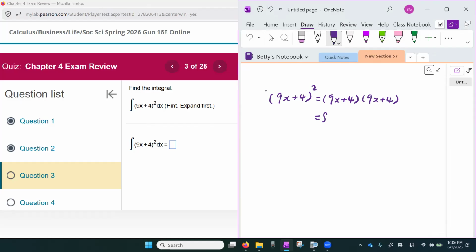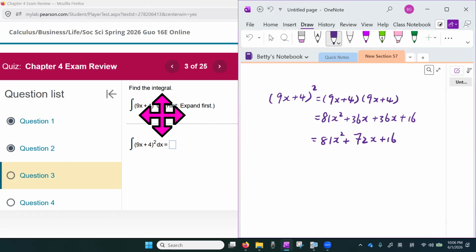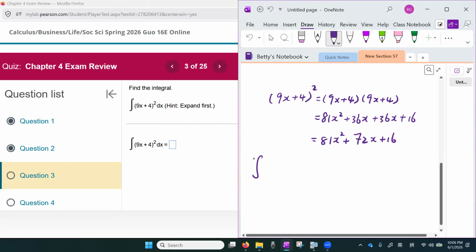9x times 9x, 81x squared. 9x times 4, 36x. 4 times 9x, 36x. 4 times 4, 16. So we have 81x squared plus 72x plus 16. All right. So the function inside the integral is a sum.